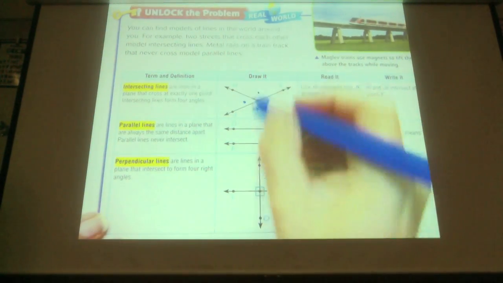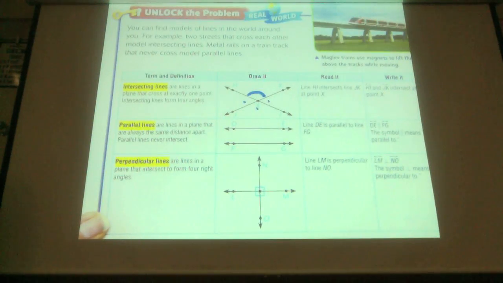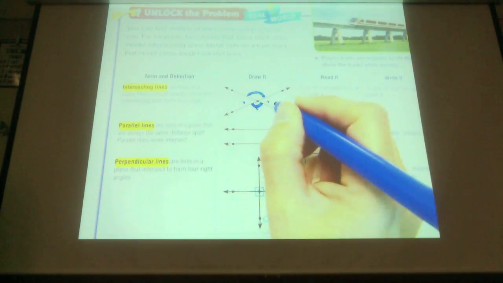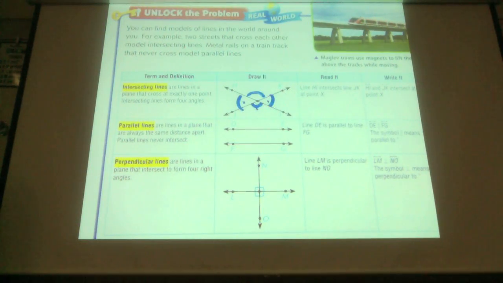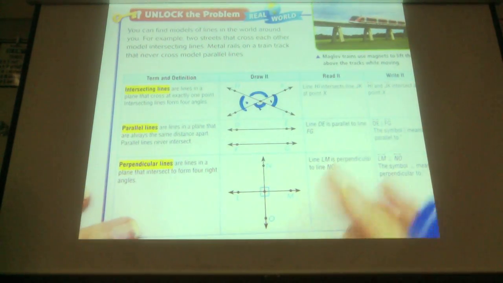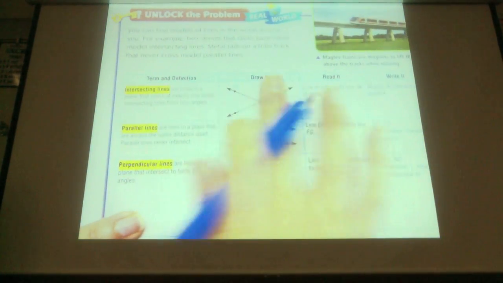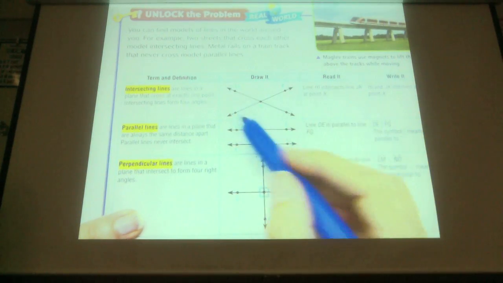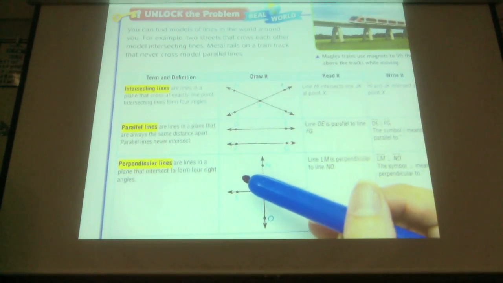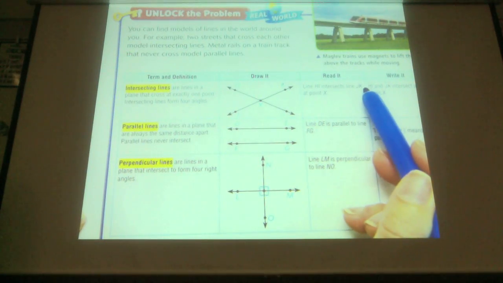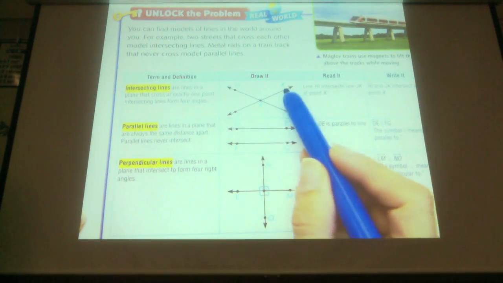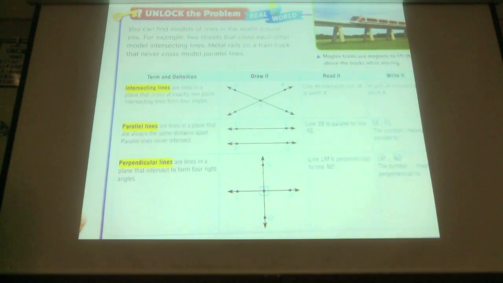Four different angles. You can see an angle here, here, here, and here. Four angles. Okay? So, line HI, and we just talked about naming lines, line HI intersects line JK at point X.